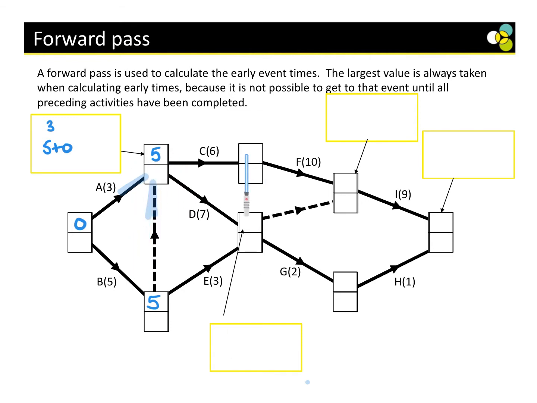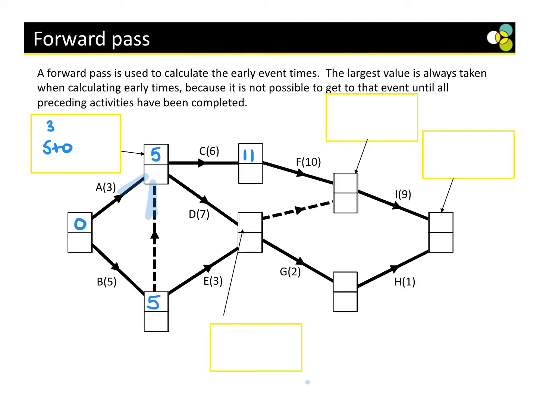Okay, let's choose this box. What is coming into this box? Only C. So it's got to be 5 plus 6, which is 11. Perfect. What is coming into this box here? We have 2 coming in.